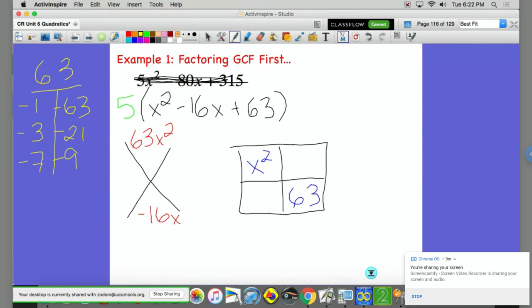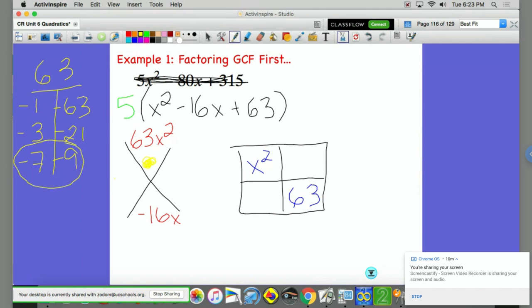And the reason they're both negative is because if we're trying to get a positive number up top when we're multiplying, that means that a negative times a negative will give us a positive. So that's the only way we can get a positive up top and still add and get a negative down at the bottom. So our factors are going to be -7 and -9.